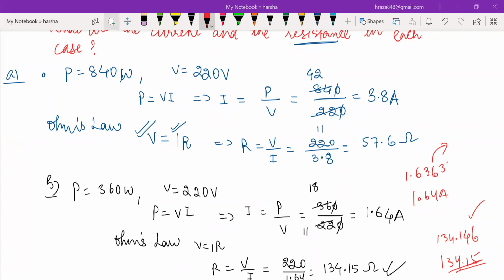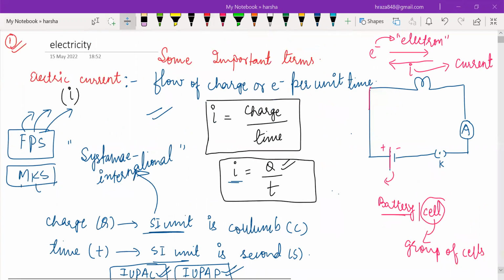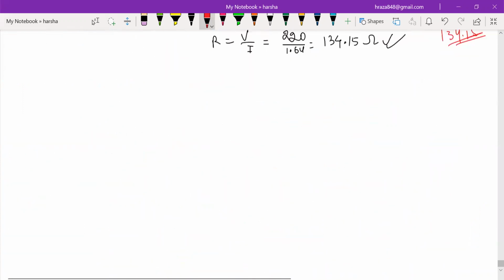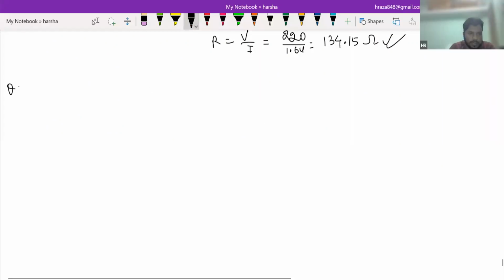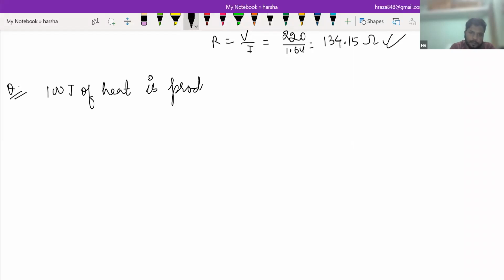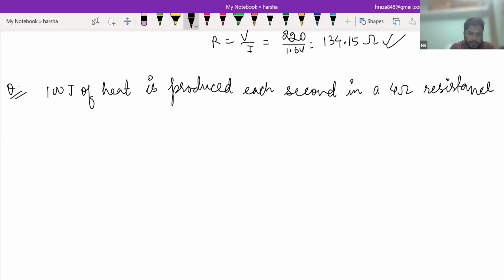Okay. So I'm going to give you another question and then the last topic of this chapter, that is power. Okay. Now this is the question. 100 joule of heat is produced each second in a 4 ohm resistance.